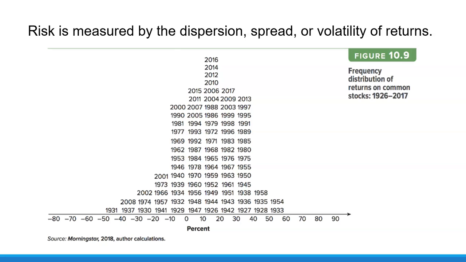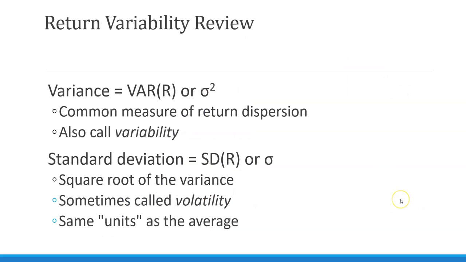So we need a measure of how volatile the return is. The variance and its square root, the standard deviation, are the common measures that we use to assess the volatility or the risk of these. So when we're looking at the return variability, we're going to use the variance and the standard deviation.